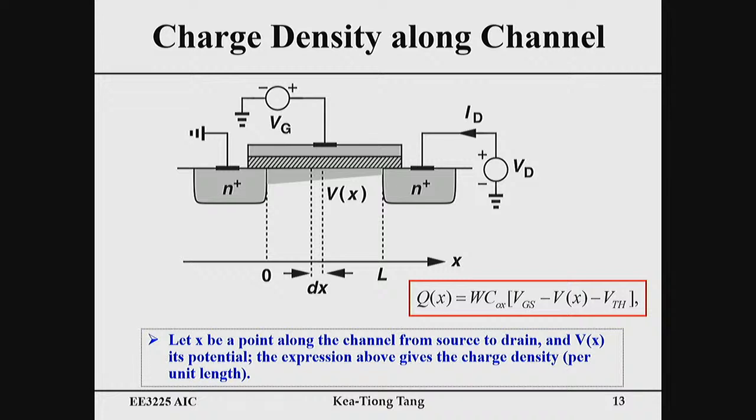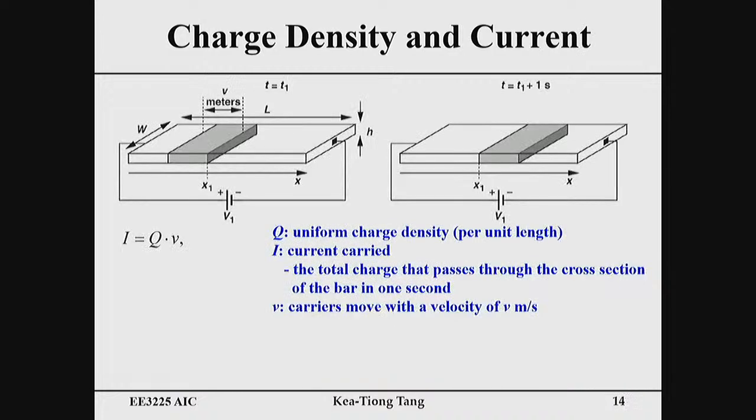Okay, so Q is not a constant along the channel. Instead, Q is a function of x when we look at different positions of the channel. So if we want to calculate the current, how do we calculate it?